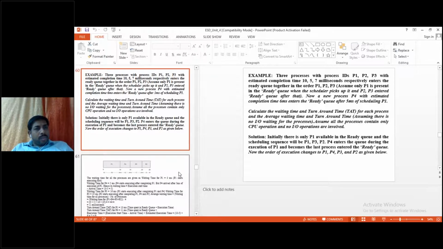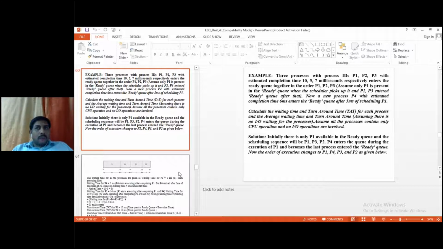For this example, the three processes P1, P2, and P3 have estimated completion times of 10 milliseconds, 5 milliseconds, and 7 milliseconds: P1 is 10 milliseconds, P2 is 5 milliseconds, and P3 is 7 milliseconds.